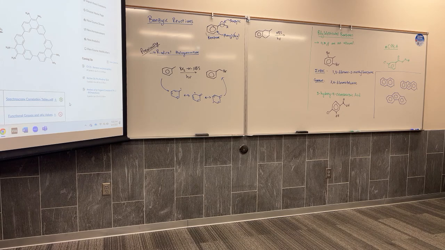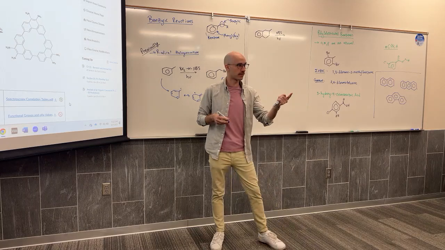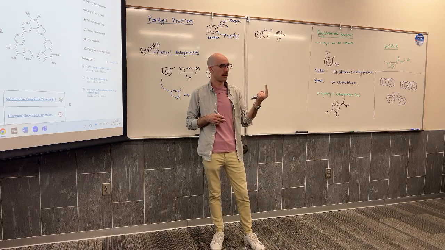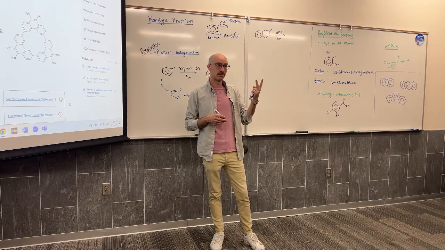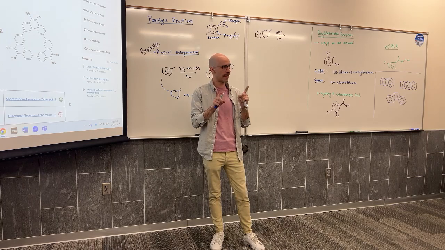What can we predict to be the major product of this radical halogenation? So you'll notice now that there's not just one benzylic position. There are two. And those two benzylic positions are related how to each other?